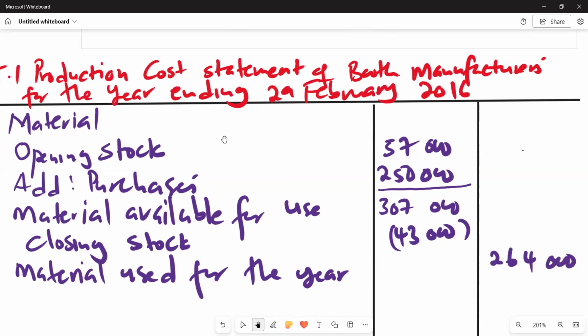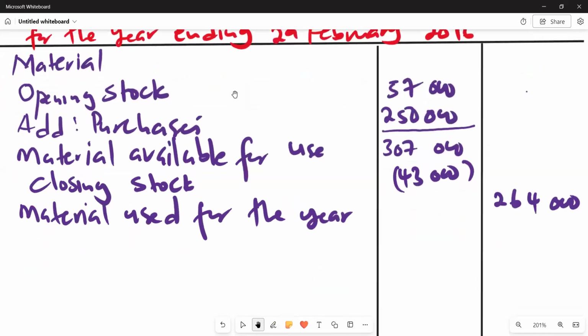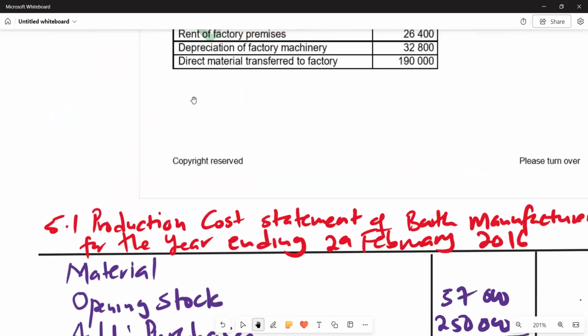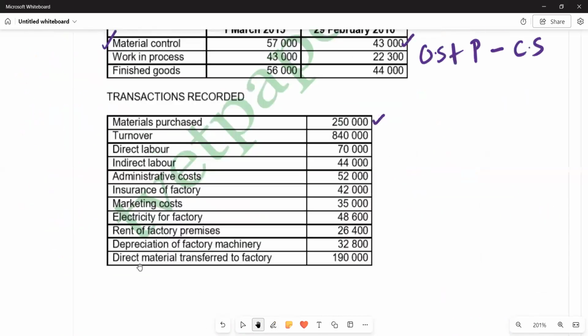Then from there, we are supposed to add our direct labor, so that we can get our prime cost. So we check in the question which figure for direct labor we have. Direct labor, we are here at 70,000. So this is our direct labor.